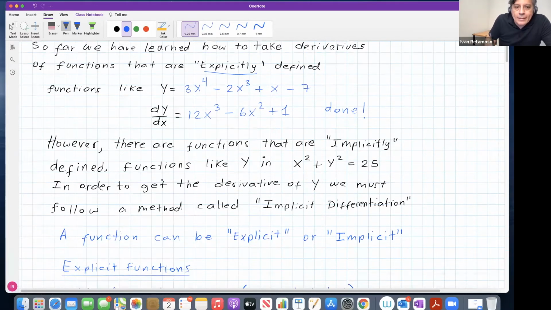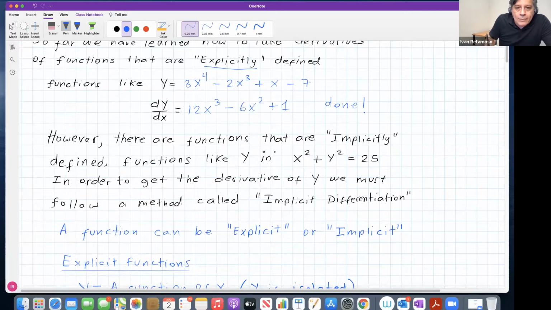Yeah, great. However, there are functions that are implicitly defined and not directly defined, but somehow indirectly defined, right? Functions like y in this equation, x squared plus y squared equals 25, right? Y is still a function of x, but it's just that we don't have it written in this form, right?